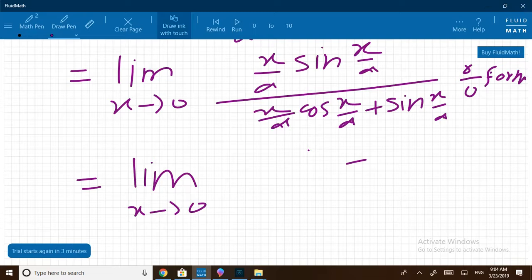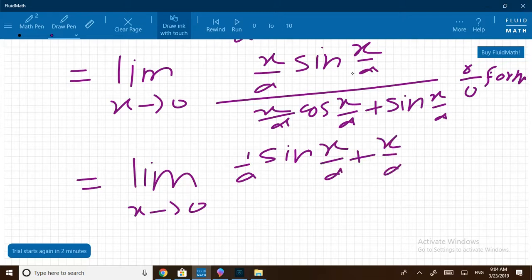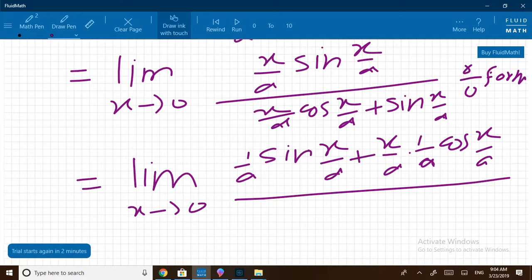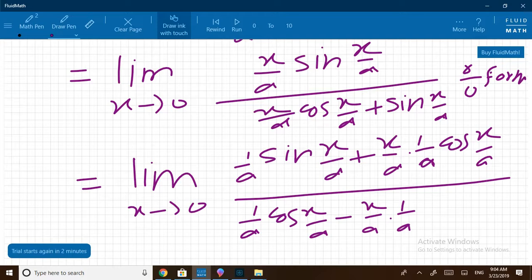So it will be 1 by a sin of x by a plus x by a multiplied by 1 by a cos of x by a, divided by its derivative, which is 1 by a cos of x by a minus x by a times 1 by a sin of x by a plus 1 over a. Derivative of sin x by a is cos x by a.